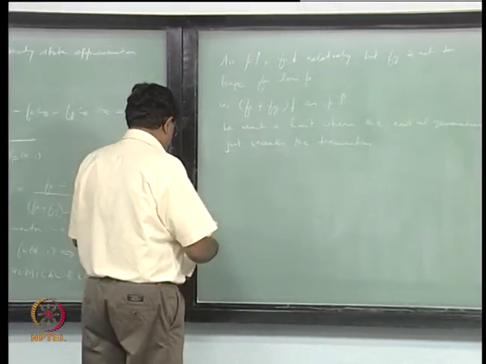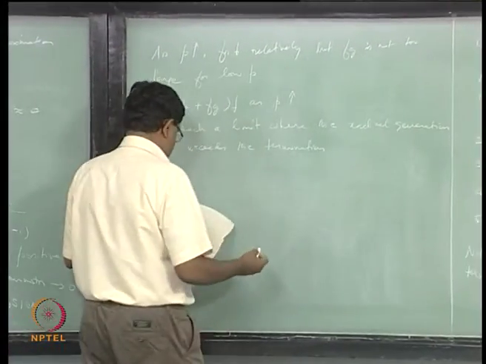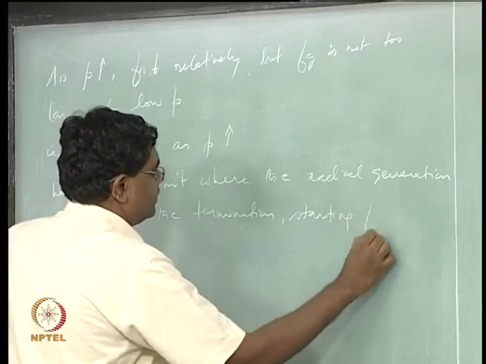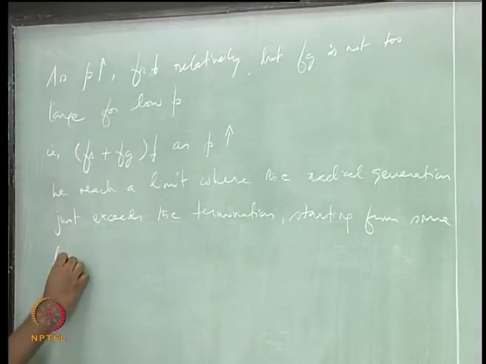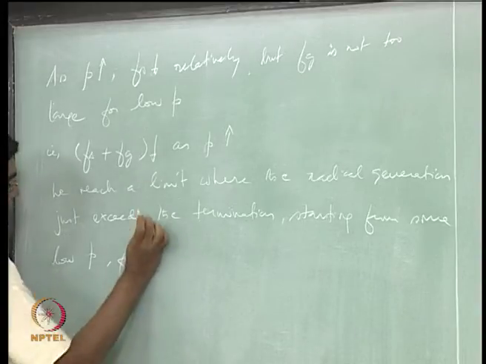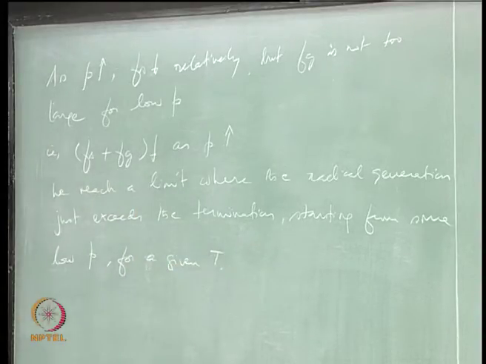you now have an explosion limit, for starting, so let us say termination starting from some low P for a given T. You fix the other thermodynamic variable and you get this.